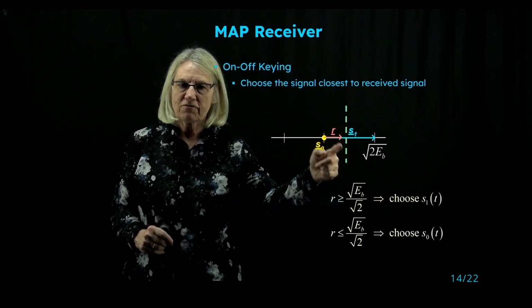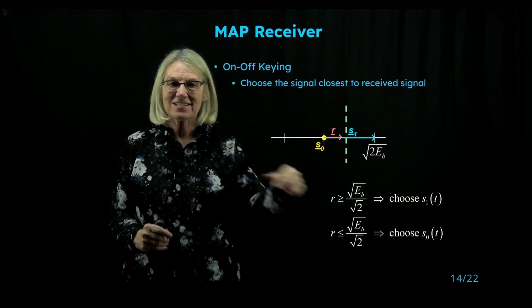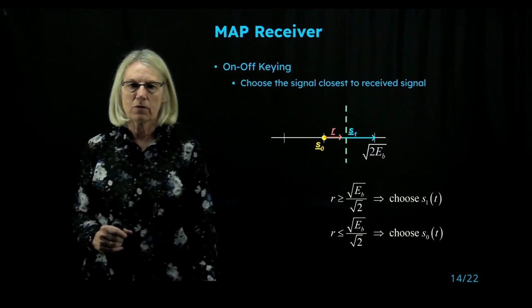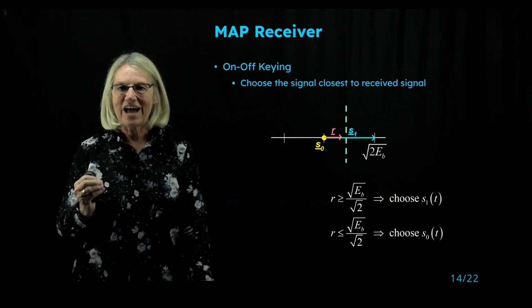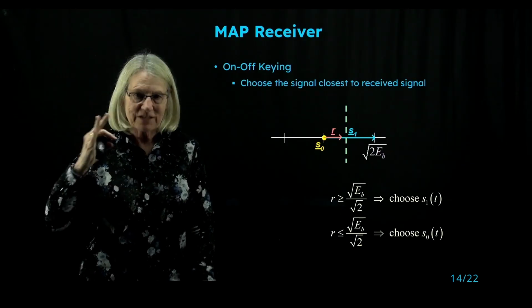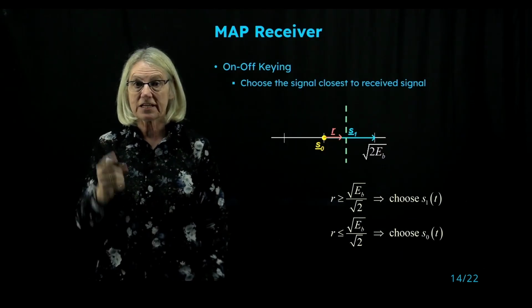If R falls to the other side, if the coefficient of R is less than this midpoint, then I will choose logical 0. Great. Now I have normalized signal space representing this modulation format, and I can analyze it to find the bit error rate. So let's do that now.